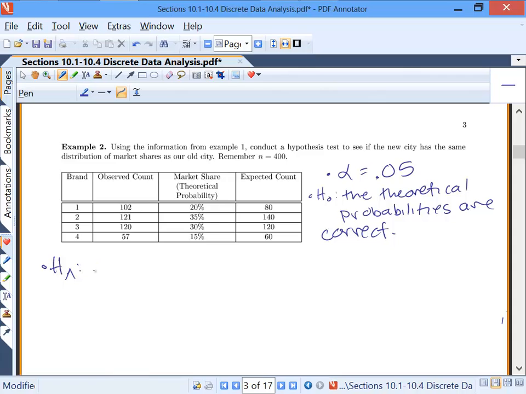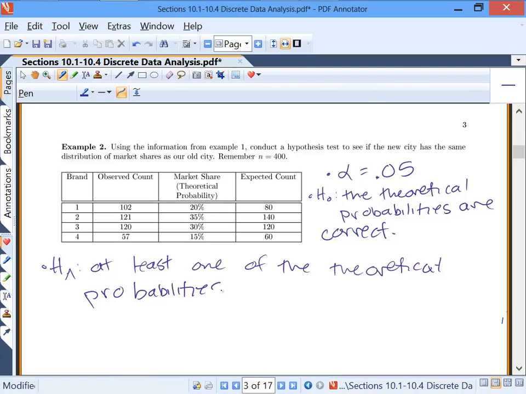And then my alternative would have to be that at least one of the theoretical probabilities is incorrect. Sorry, yes, incorrect. That makes a lot more sense. So null hypothesis, all the theoretical probabilities are correct. Alternative is at least one of them is incorrect.